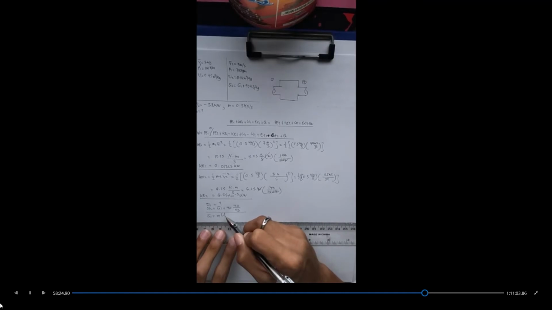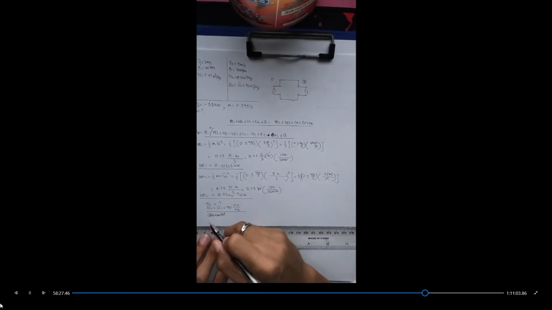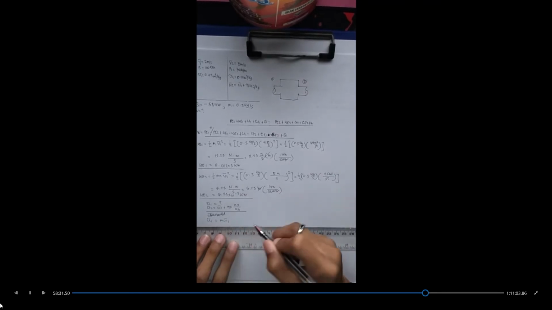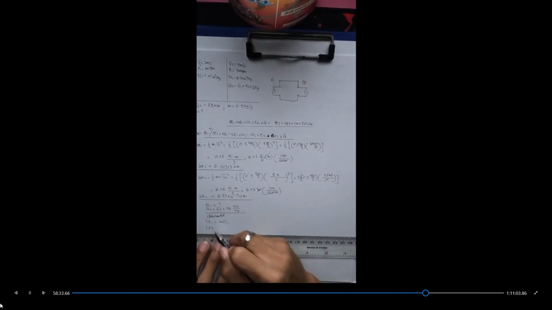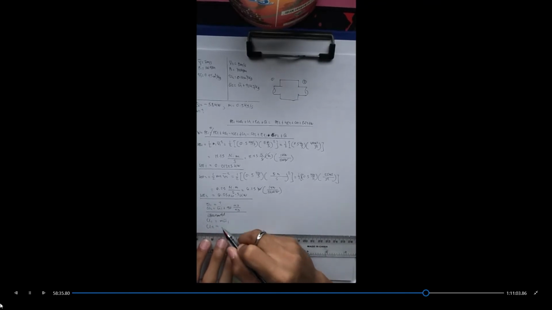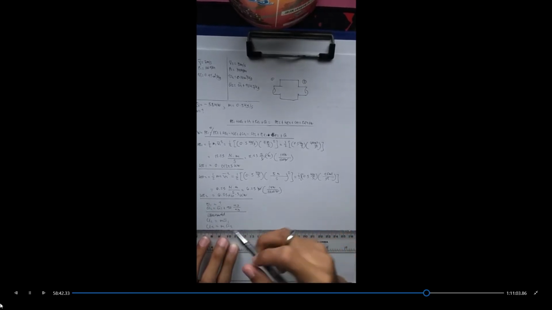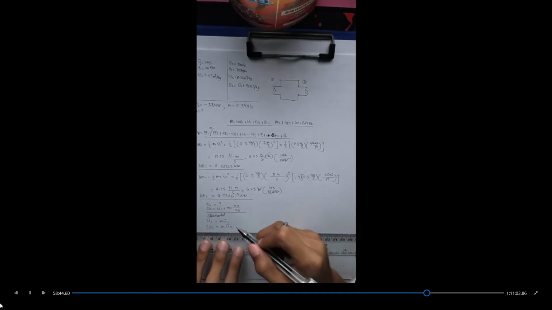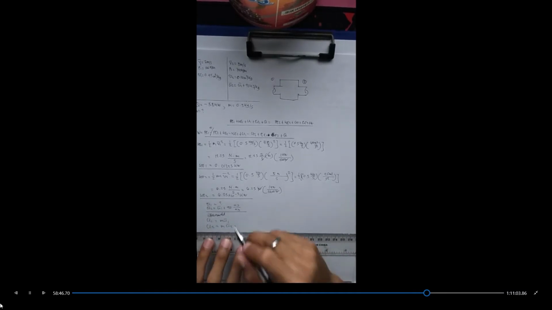So internal energy 1 is equivalent to mass times, not like this, but the big one, the big U, times mass times specific internal energy 1, and the internal energy 2 is equivalent to mass times internal energy 2. So I'm gonna put it like this, and I'm gonna substitute the value of U2, which is U1 plus my mass.